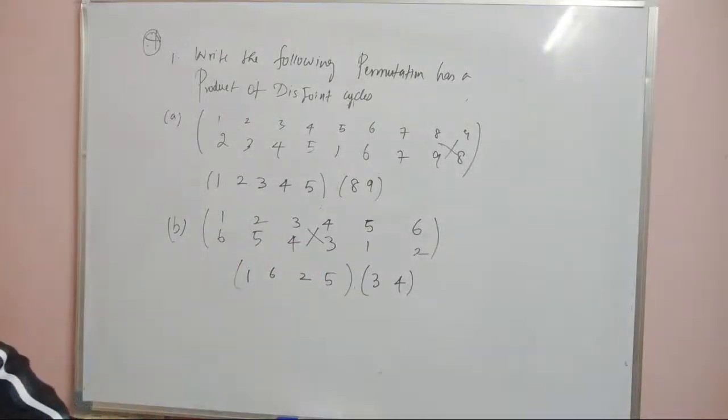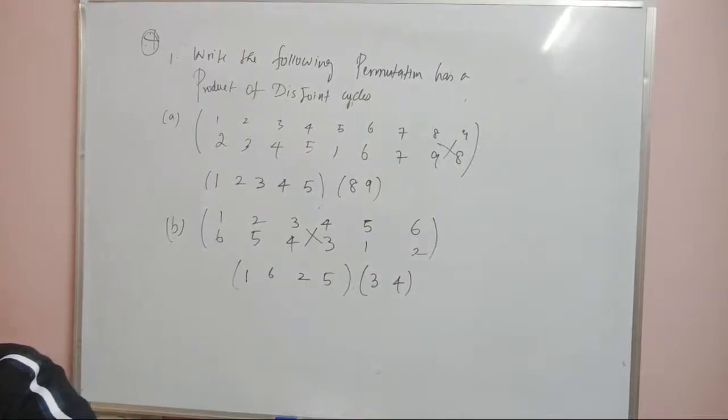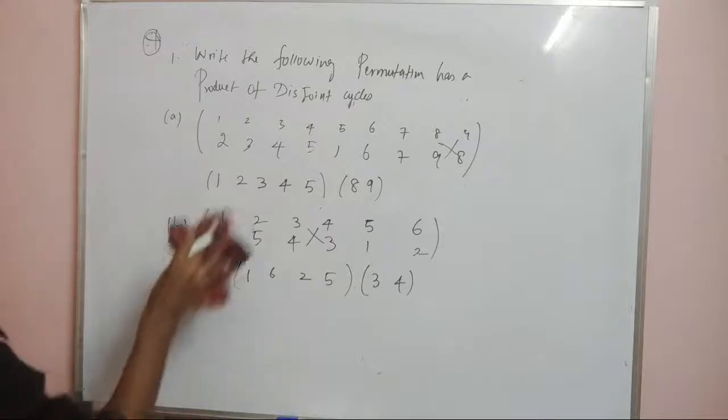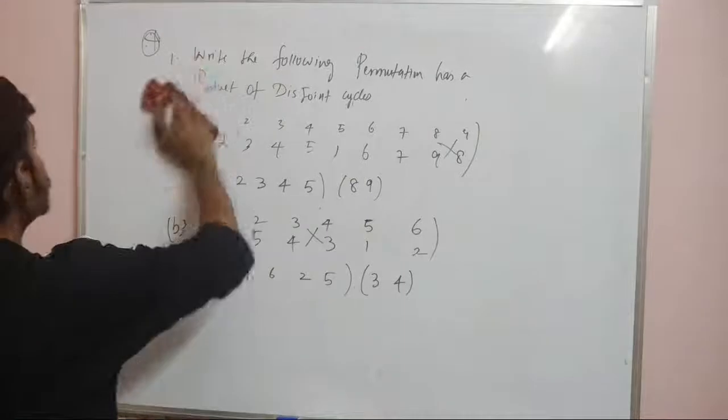We have just represented this permutation as a product of disjoint cycles. Actually it is true, but there is no proof like that. Okay, so now we move on to the next problem.